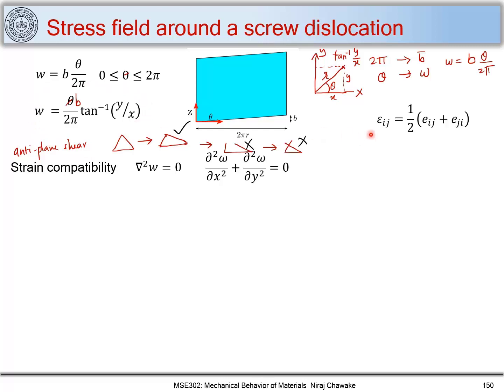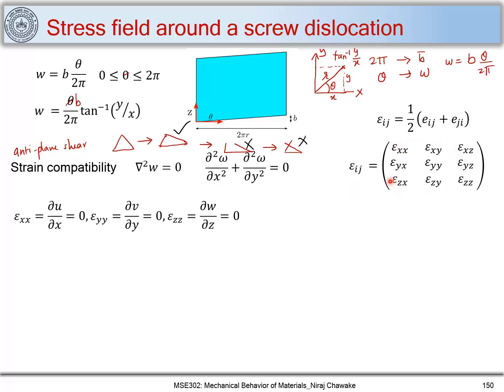Now let's find out what the strains are, that is the strain tensor in terms of the displacement, and we have seen this relation that epsilon ij is equal to 1 upon 2 eij plus eji, and this is our strain tensor. And let's find out what the components of this tensor are.